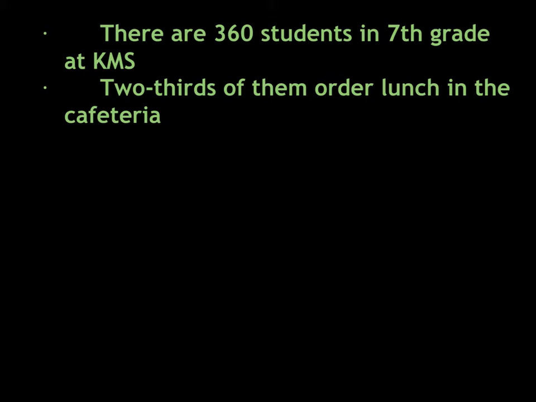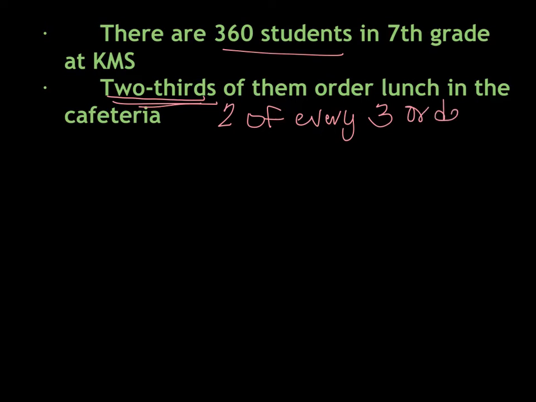So our first thing to figure out is what does 2/3 really mean? We're talking about these students. So what we're saying is that 2 out of every 3 order lunch, right?